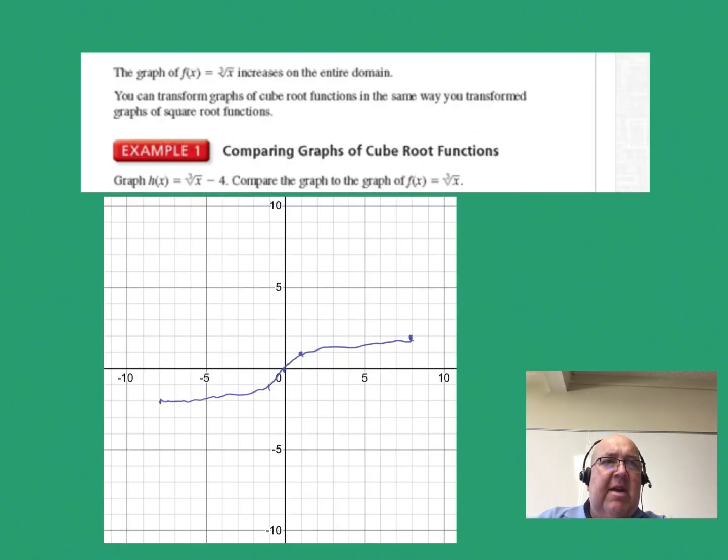So right here we have the graph of a regular cubed root function, without a very smooth line, and we're going to do the transformation 4 units down. So we'd have a point there, and a point there, and if I move that down 4 units, it's going to go to there, and if I move that down 4 units, it's going to go to there.